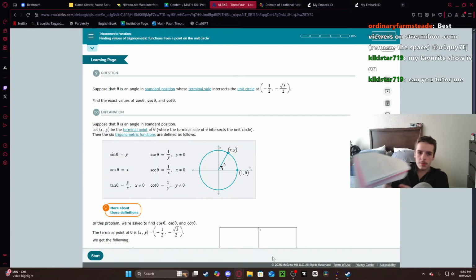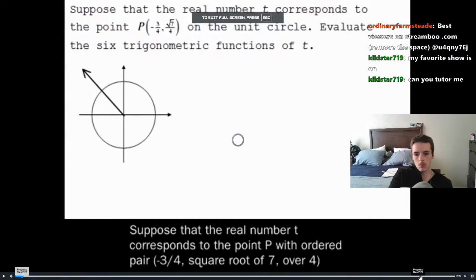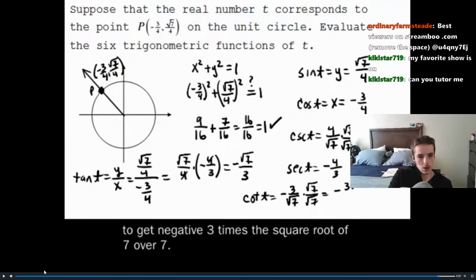Oh, I love these trigonometric ones. They're so easy, hopefully. Checking the notebook. Finding values of trigonometric functions from a point on the unit circle is 62. And I gotta watch the video.